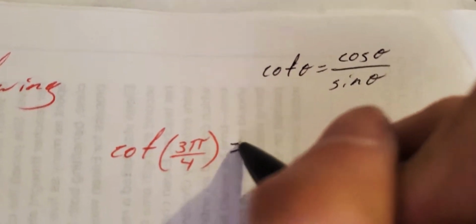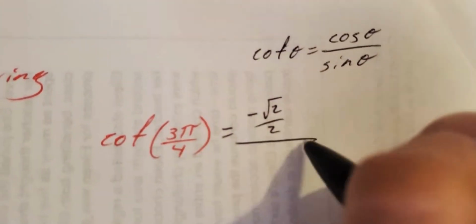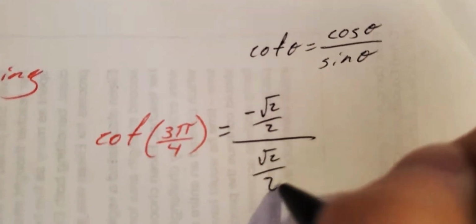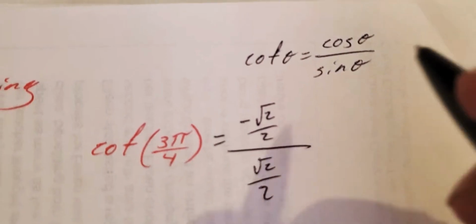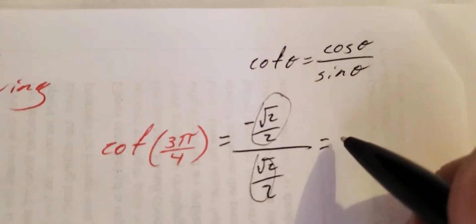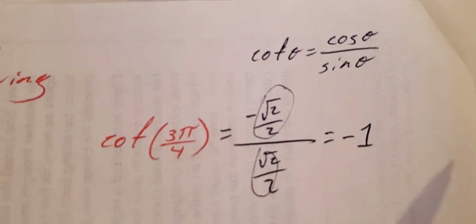So my cosine is negative square root of 2 over 2, all that over positive root 2 over 2. Well, one thing divided by itself is always equal to 1, but in this case it's going to be negative 1. And that's it for this one.